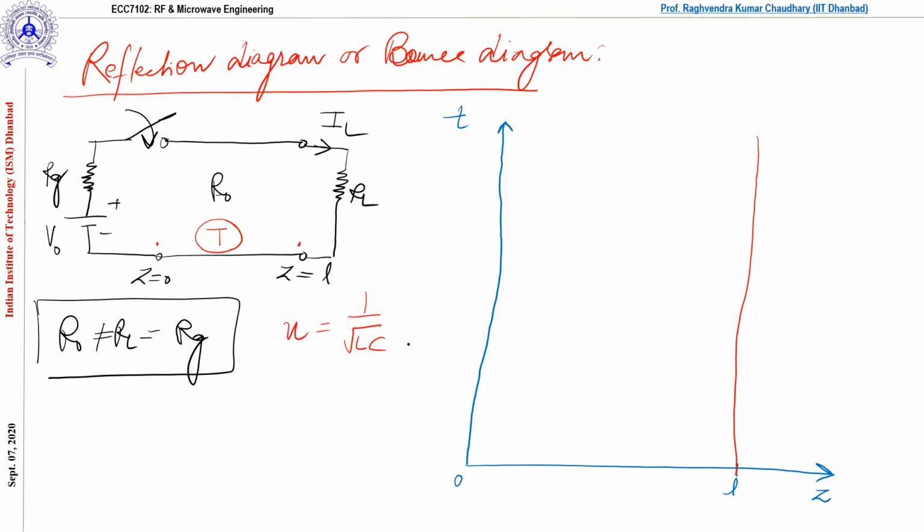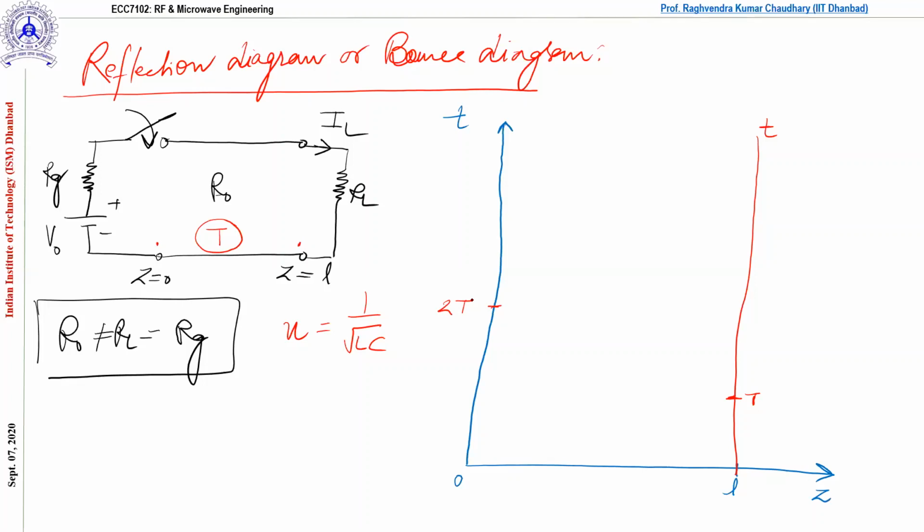So let us represent it in a graphical way so that we can understand properly. I'm marking this is T. This is again the time axis, and here let's say this is 2T.